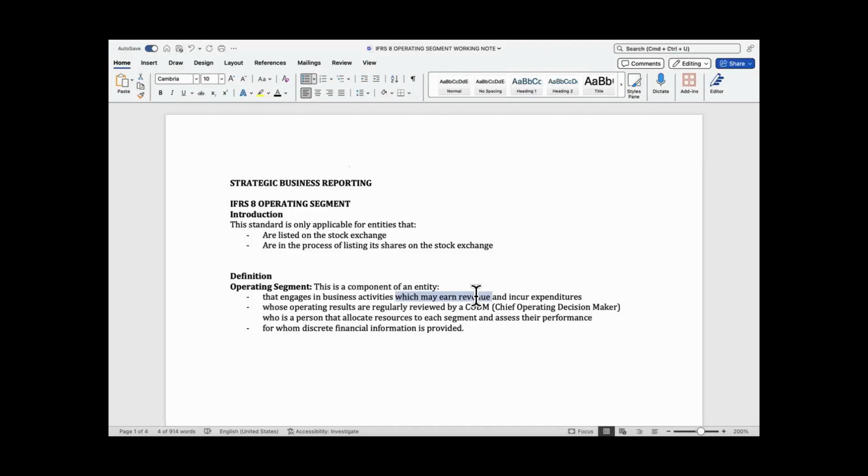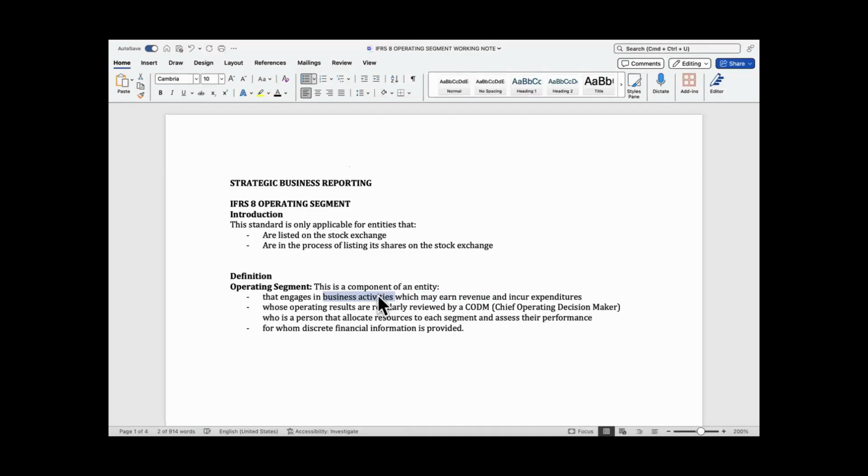Yes, they can, in as much as they are engaging in business activity. They might not make money, but without them, other units will not make money. Without them, the company will not operate efficiently.